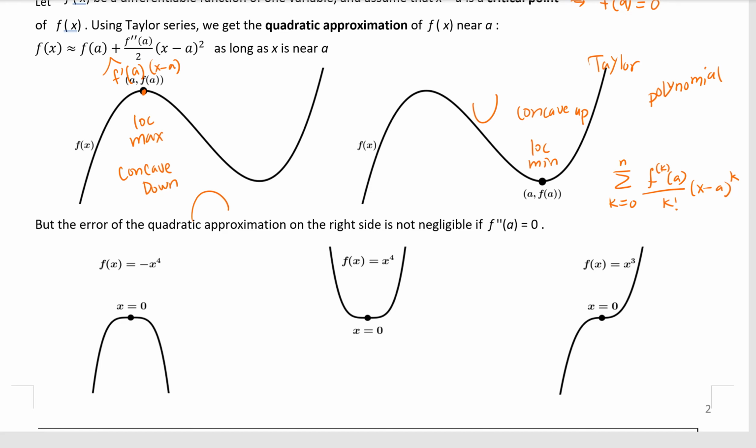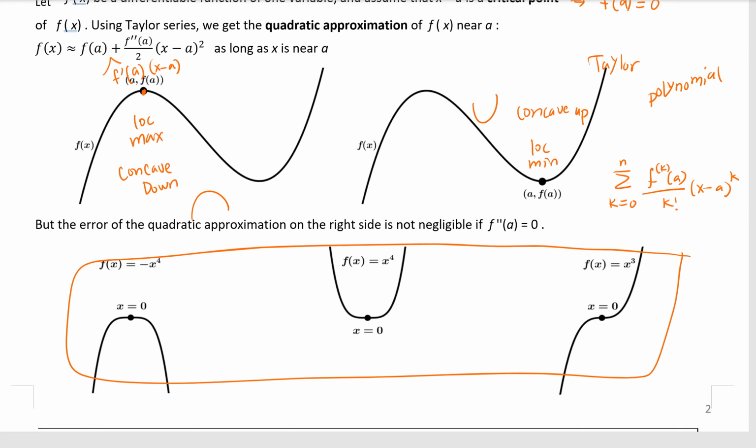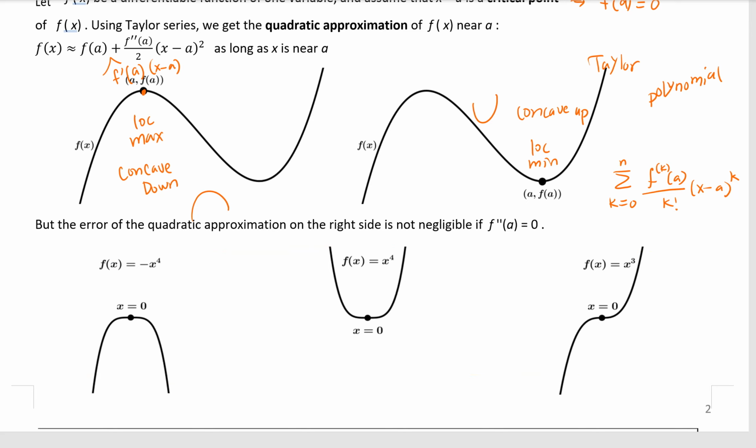Here are the examples. The second derivative of all of them is 0, but you can see the points can be a local max or local min or saddle points, so neither local max nor local min.